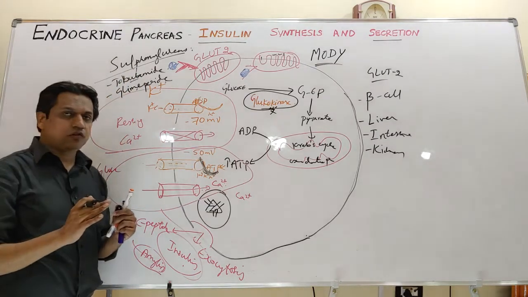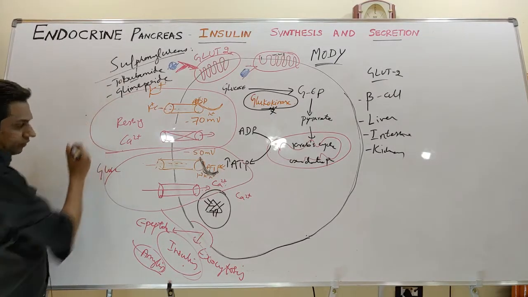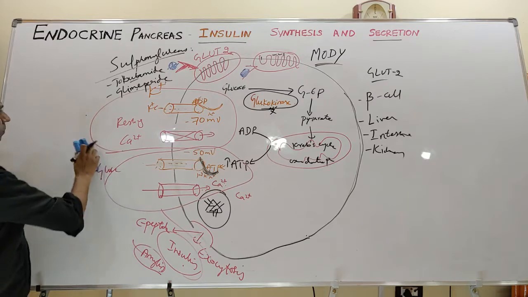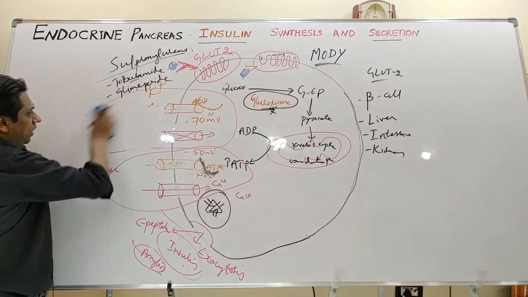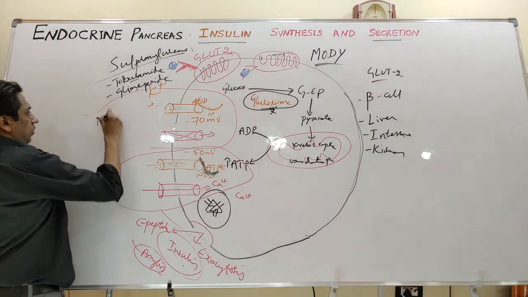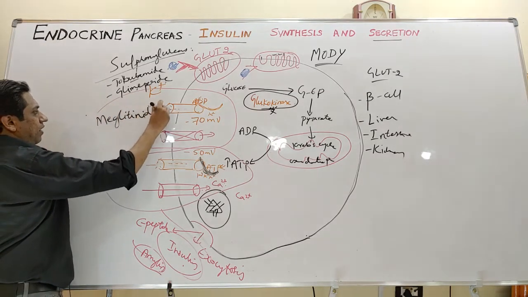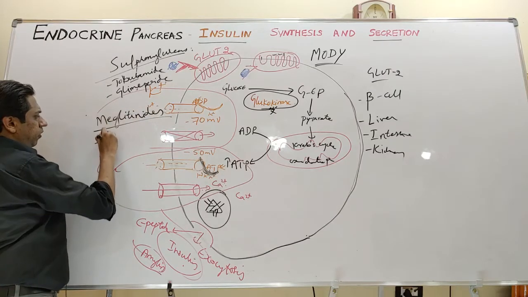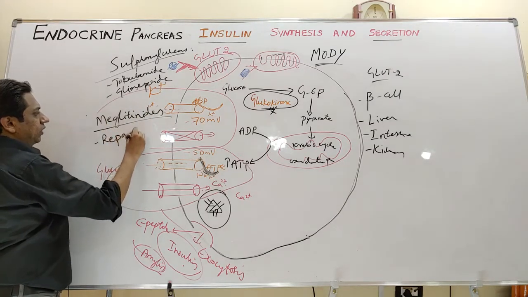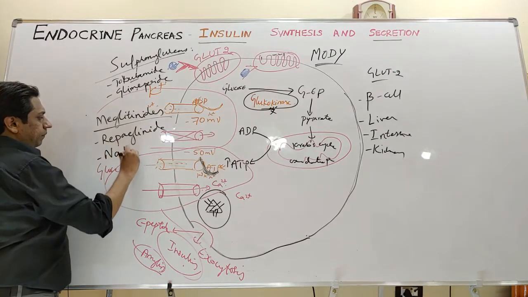Another class of newer drugs is known as meglitinides. Okay, so these meglitinides also have a similar function. Examples of this newer group of drugs are repaglinide or nateglinide.